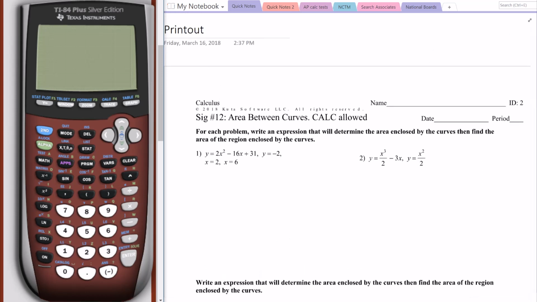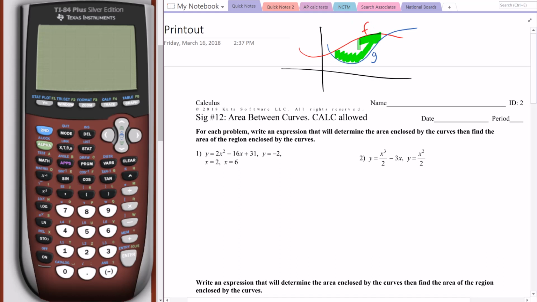The general idea is that if I have two curves graphed in the coordinate plane, maybe the red one's called F and the blue one's called G, then we can find the area between these curves. The area is going to equal the integral of f of x minus g of x with respect to x.